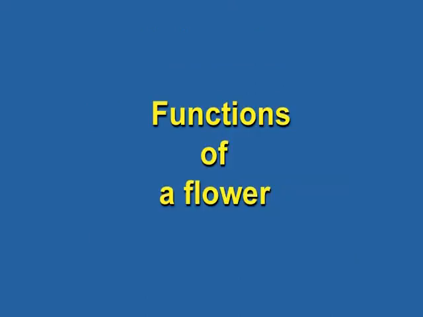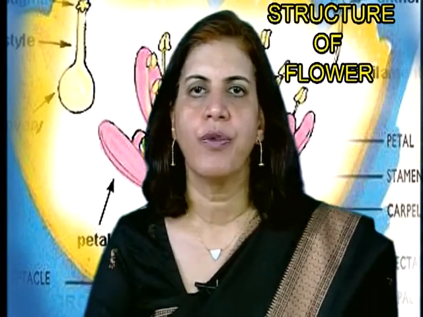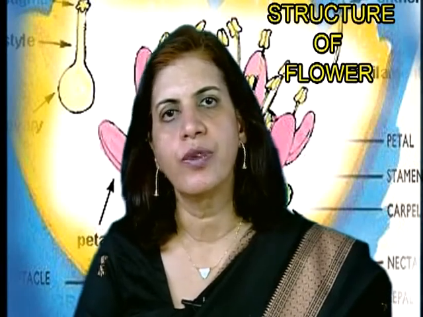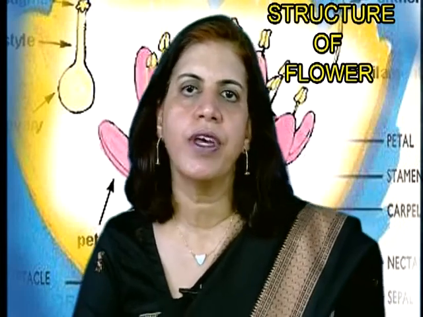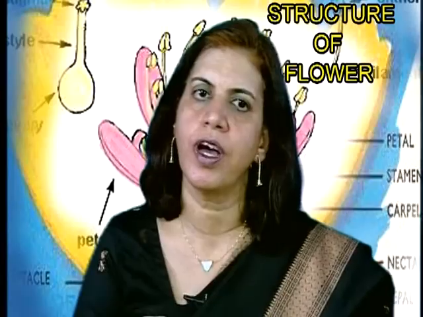Now let us see what the functions of a flower are. What may be the main function of the flower? Till now we have discussed a lot about the structure of flower, and to some extent we have been able to grasp what may be the function of the flower.